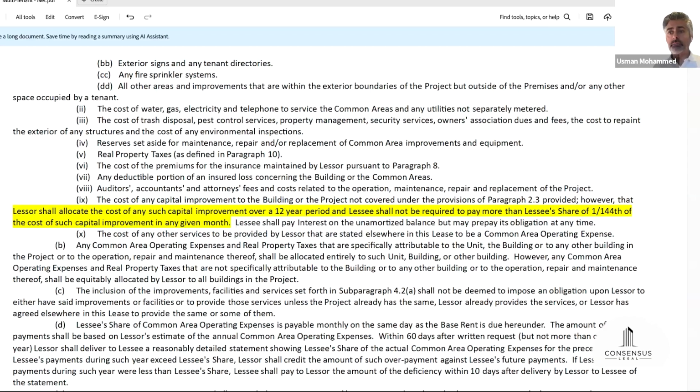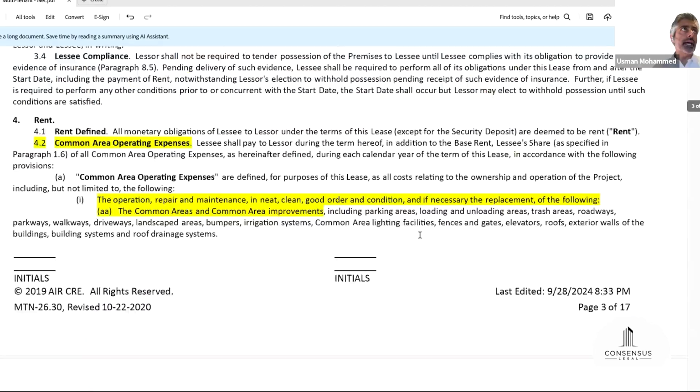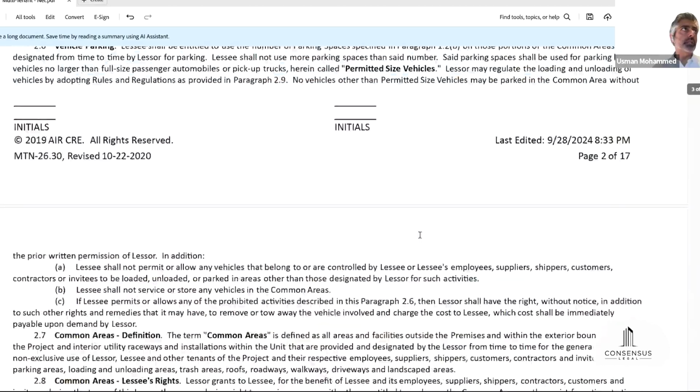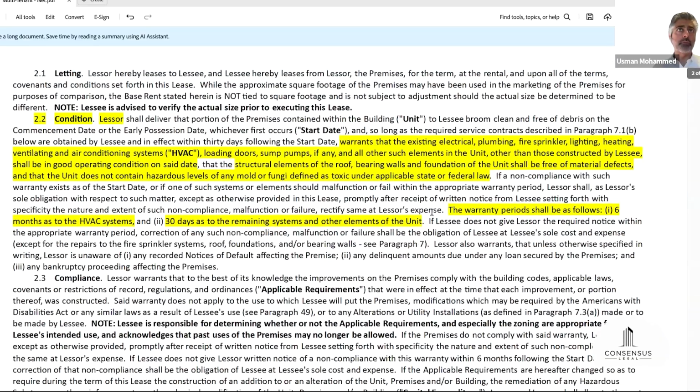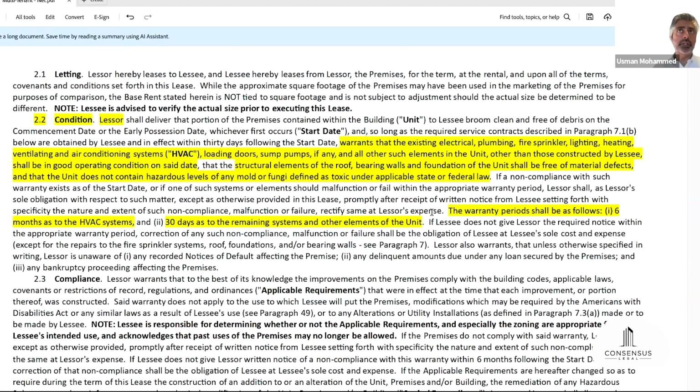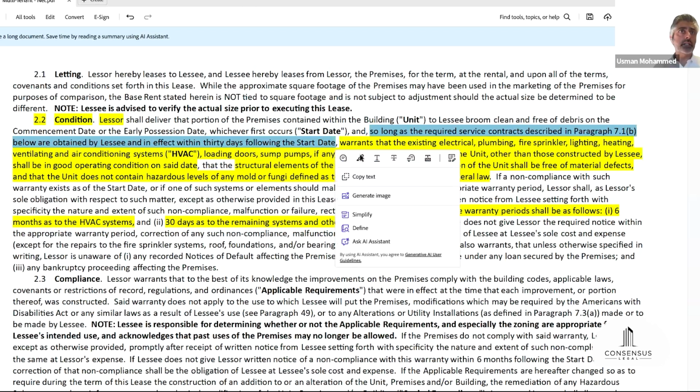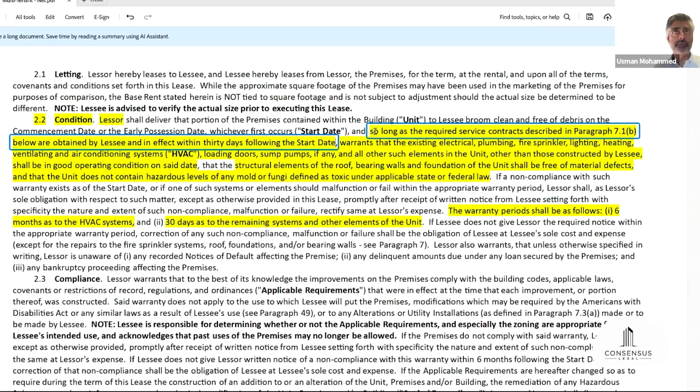And one other reason that's important, Gabriella, is because of what Matt alluded to earlier, which was the warranties. In my earlier webinar on the premises warranty and 2.2, there's an important provision here that people don't really see all the time. This premises warranty that I talked about of 6 months for the HVAC and 30 days with respect to the other elements, there's a condition to that warranty.